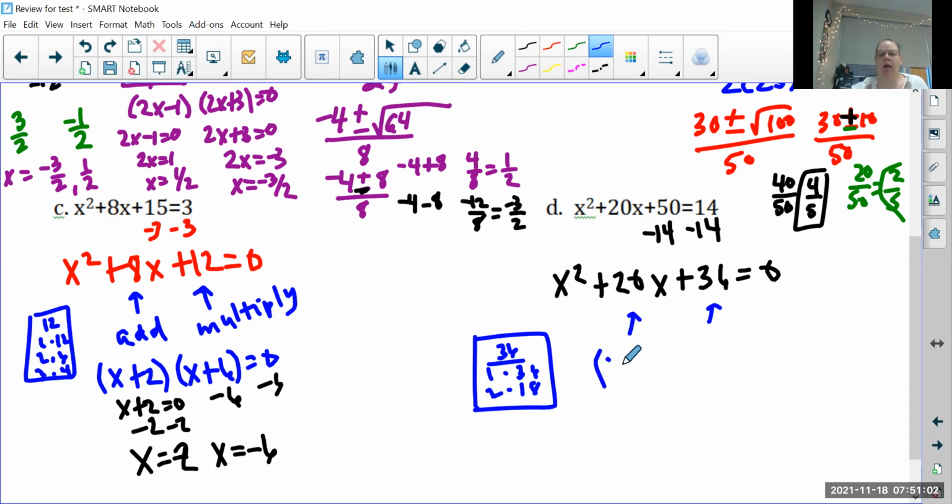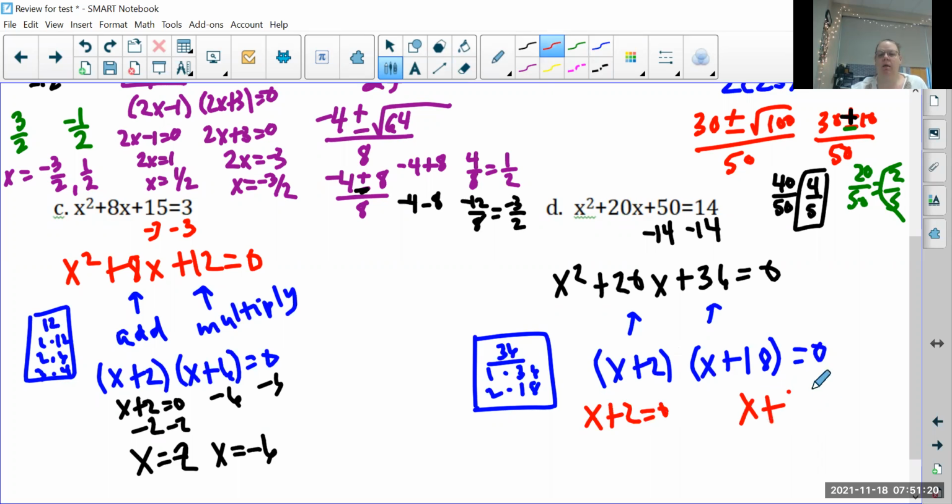So it would be x plus 2 and x plus 18. That equals 0. So then I set each of them equal to 0. X plus 2 equals 0. X plus 18 equals 0. And then I solve, so I would get x equals -2 and x equals -18.